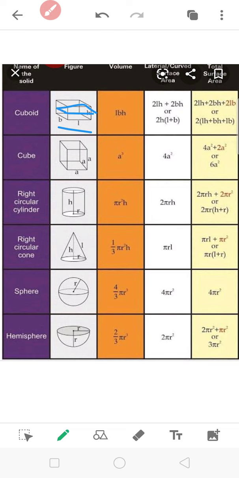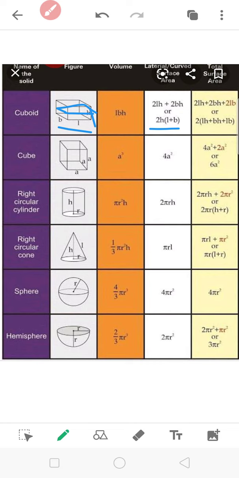Lateral surface is the base perimeter 2 into (L plus B) multiplied by height, so 2 into (L plus B) into H, that we can write as 2H into (L plus B). Then total surface area means all the faces we have to add: 2 into (LB plus BH plus HL).